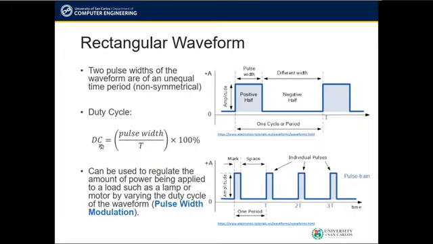Duty cycle, or DC in this equation, is equal to the pulse width divided by the period times 100%. Always remember that duty cycle is measured in percentage. And again, the pulse width here refers to the amount of time in a period where the signal is high or 1.